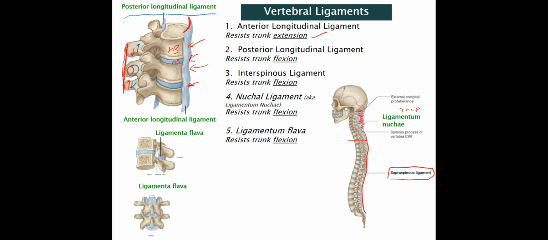So the back ends of the intervertebral disc would go away from each other, depending on where you were bending, and thus the posterior longitudinal ligament would resist trunk flexion. Similarly, the interspinous ligament, so over in here we would have an interspinous ligament.